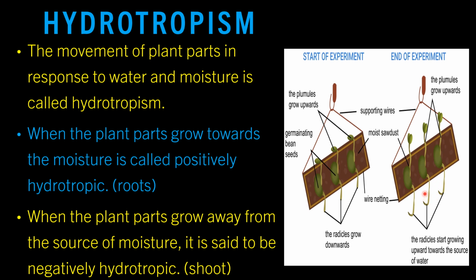Then we can say the radicle is moving towards the moisture or water content. So this radicle is showing hydrotropic movement. In doing so, they grow against the force of gravity.